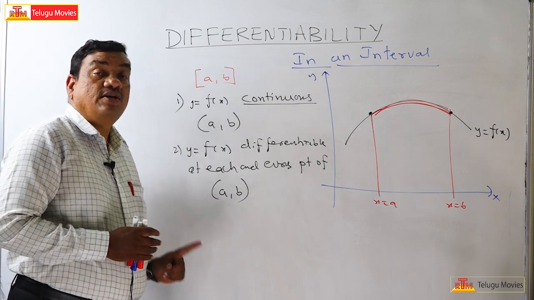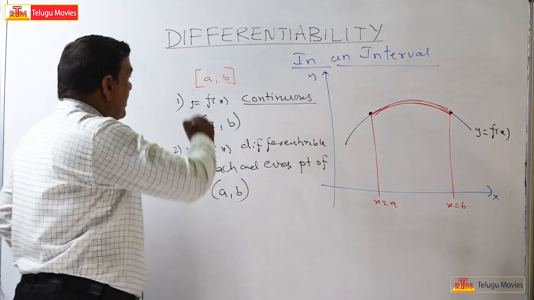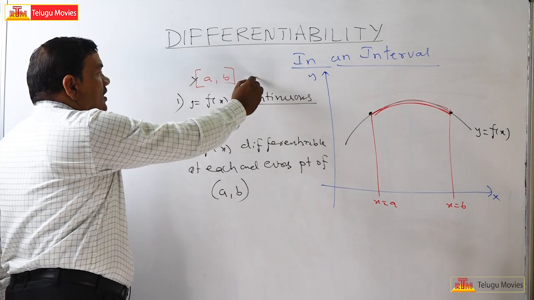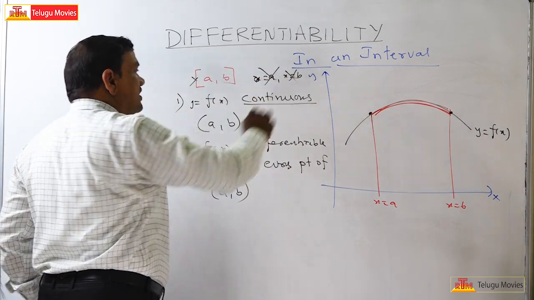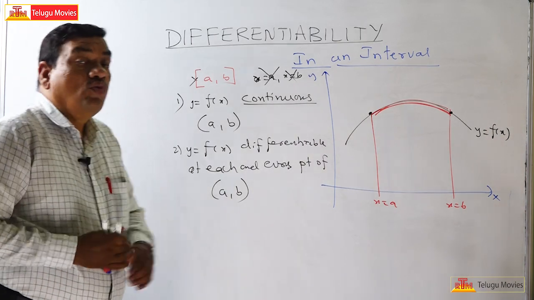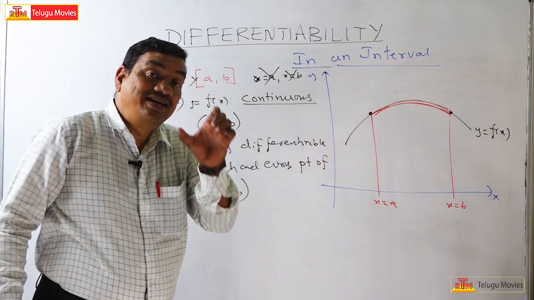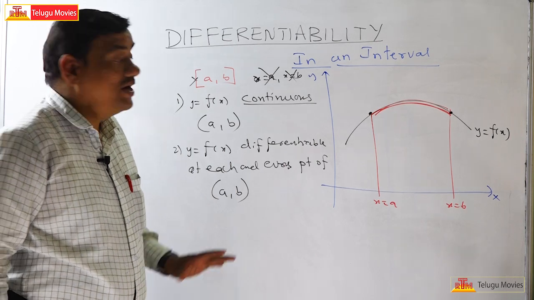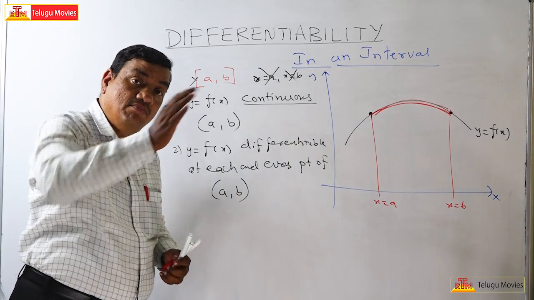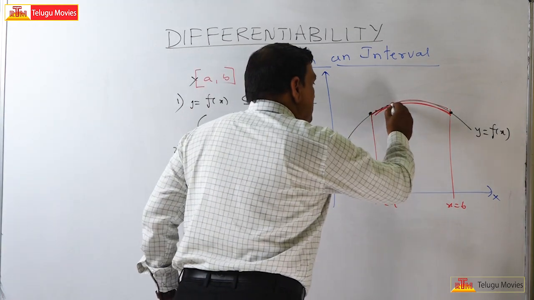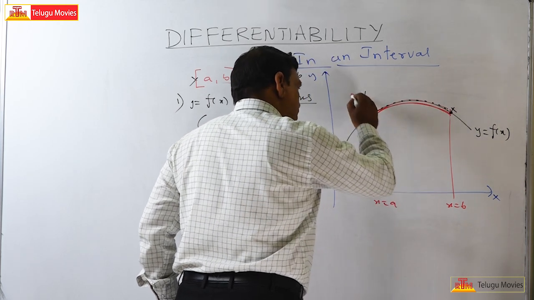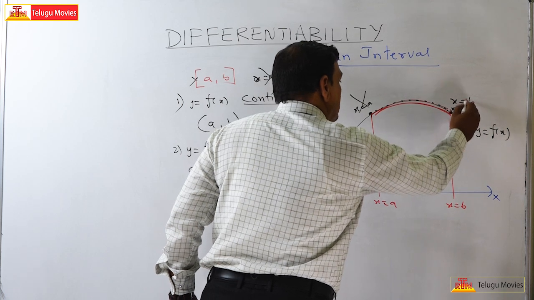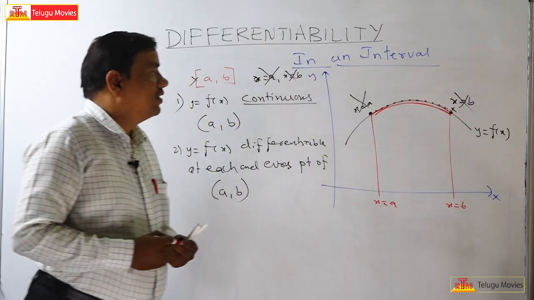For differentiability, we won't bother about these end points, x equal to a and x equal to b. We cannot concentrate on those end points. We will concentrate on the intermediate values. Intermediate means middle values. Not x equal to a, don't bother. x equal to b, don't bother.